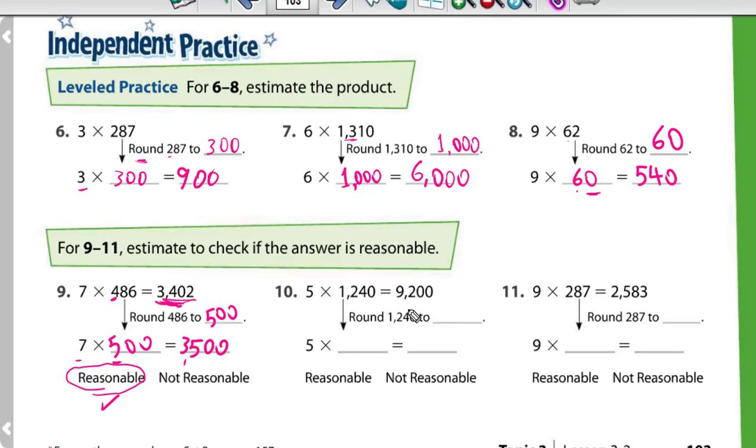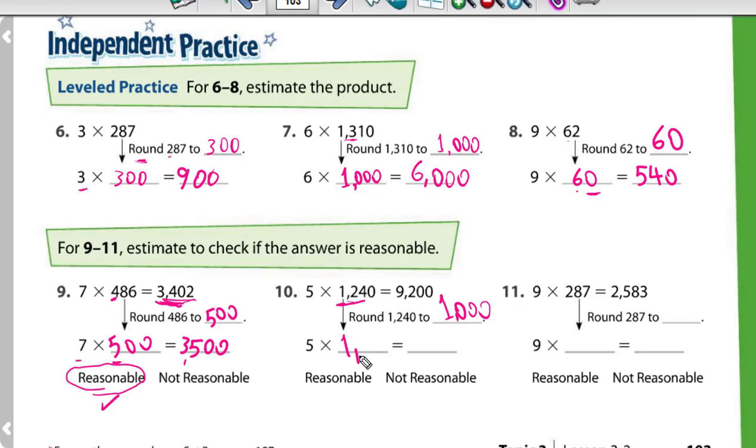It will be 1,000 or 2,000? 1,000, because to the right we have a weak digit.